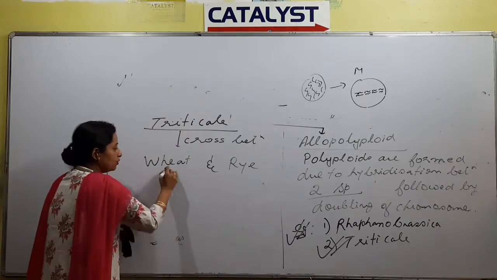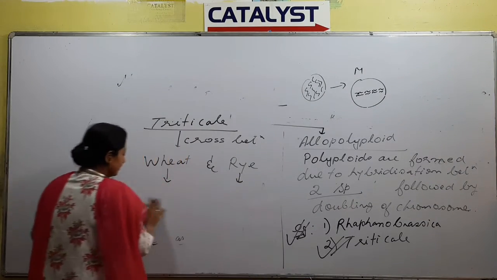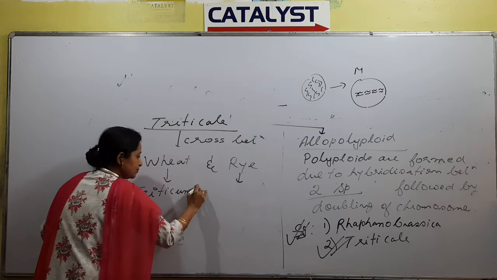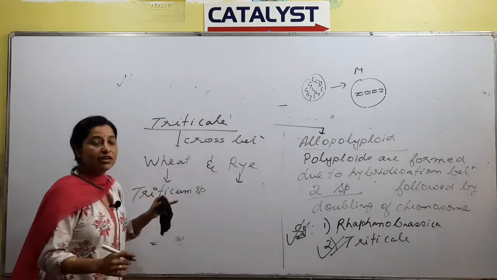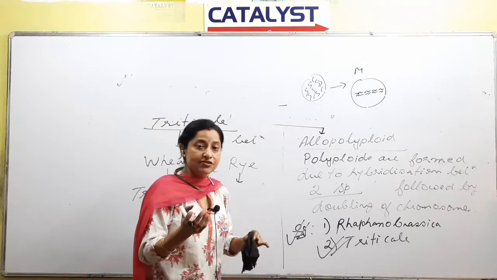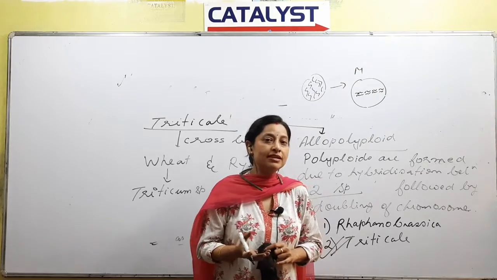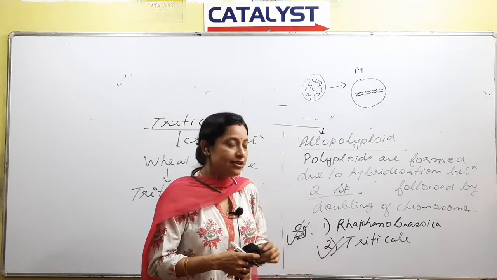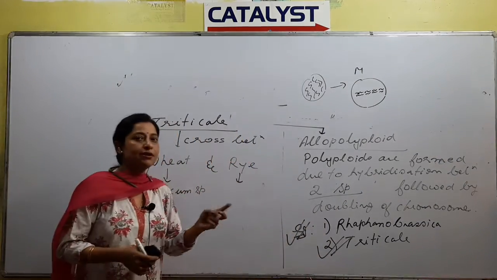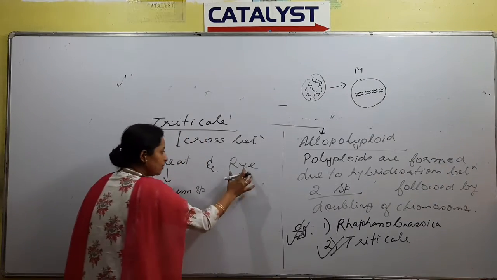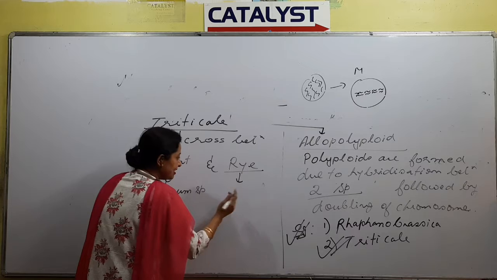And similarly you have to know the scientific name also. This is Triticum species. Why did I write Triticum species? Because Triticum is a genus. Triticum can have many different species, and the most common species that we talk about is Triticum aestivum, right? Triticum aestivum can be crossed with it, or different Triticum species can be crossed, and with that we cross rye. And what is the scientific name of rye?